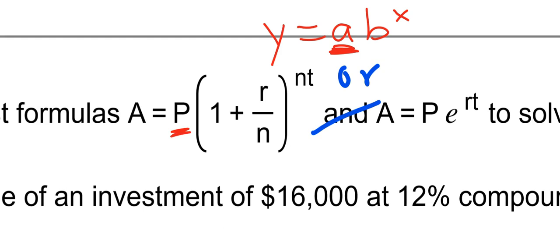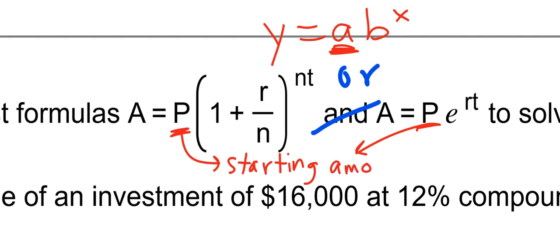So the P right here and right here, those are both references to the starting amount. The word that they use would be principal. That's why they use the capital P. That's your starting amount.